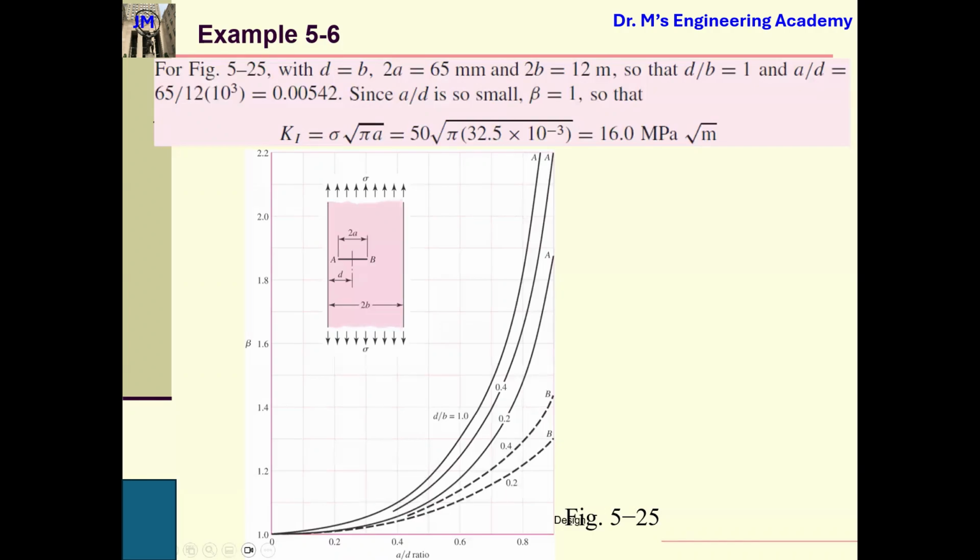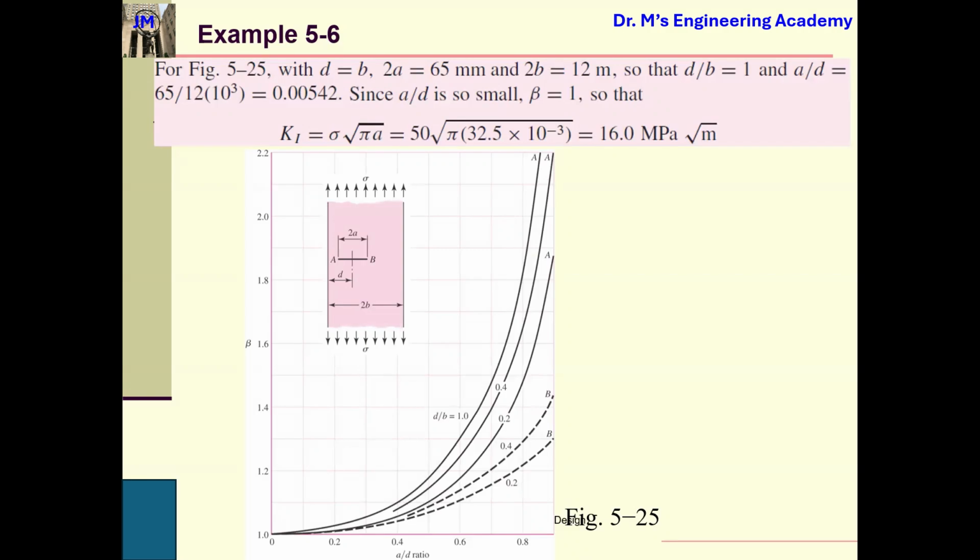If A over D is kind of big, for example 0.8, you need to draw a vertical line here. This vertical line will intersect the curve, which is D over B equals 1, at this point.